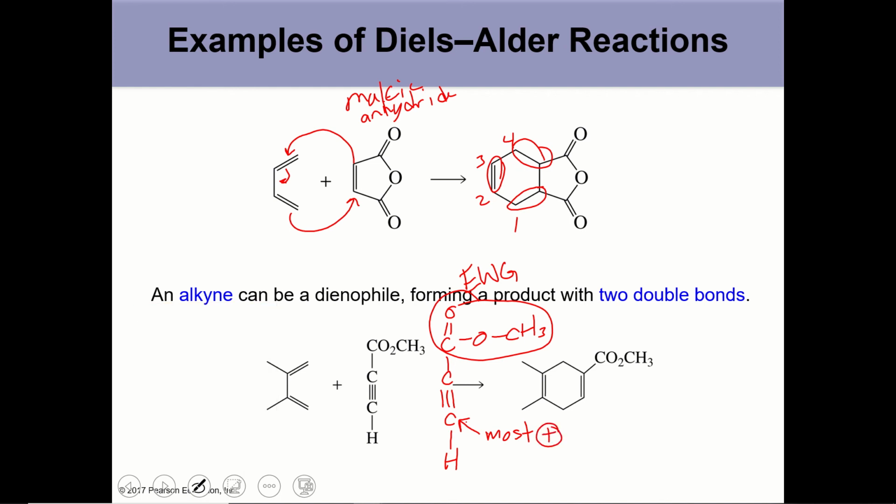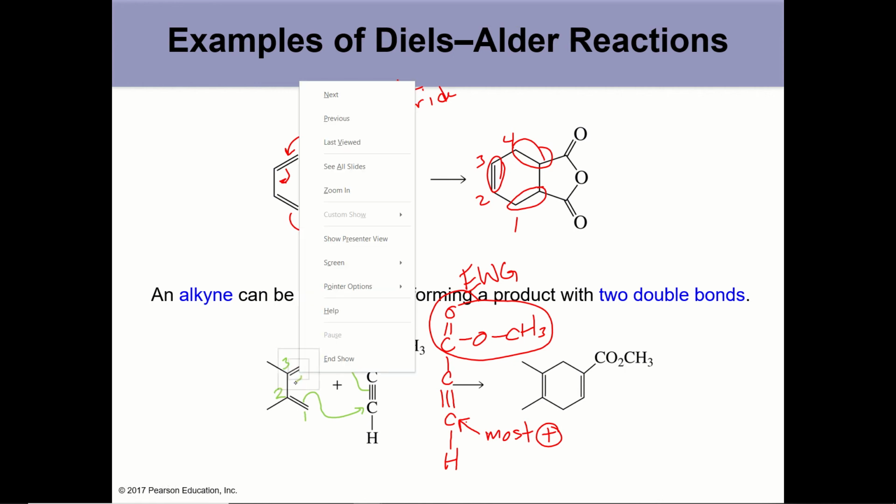So if I switch to green arrow, what color did I pick? Yeah, green, okay. I'm going to label my diene 1 through 4 like this, and have carbon 4 bond to that most positive carbon. Then 1 set of pi electrons from the triple bond moves to make a bond at carbon 4, and then the pi electrons between carbons 3 and 4 are going to move to between carbons 2 and 3.